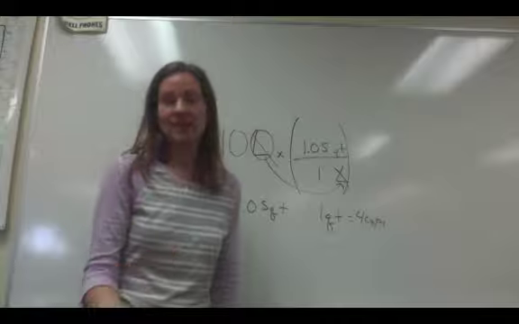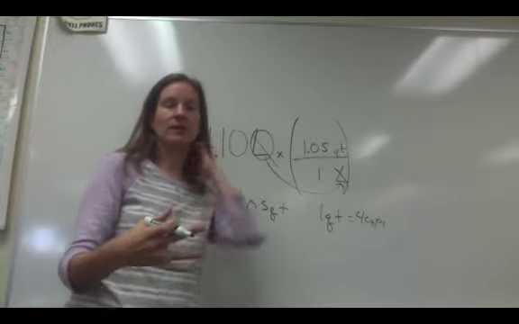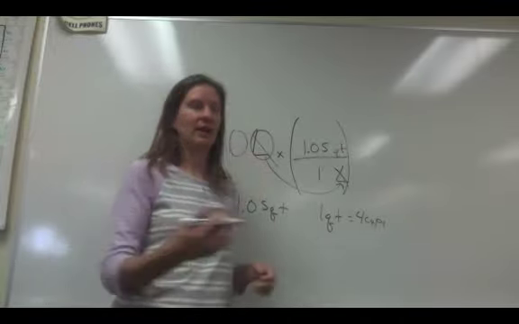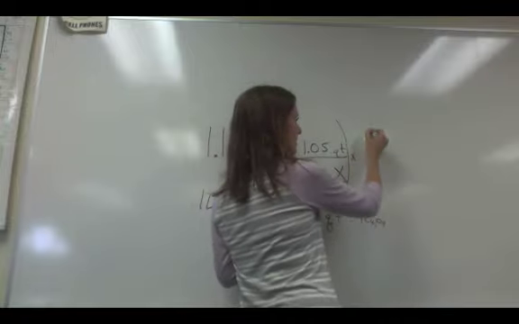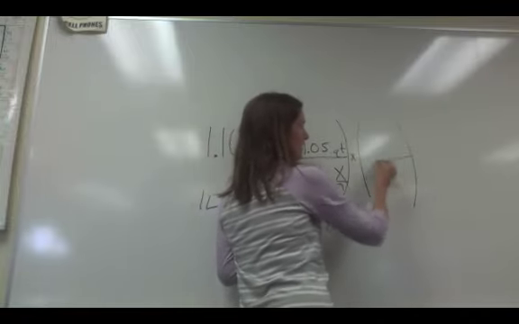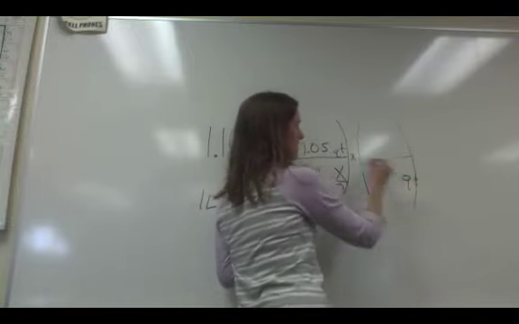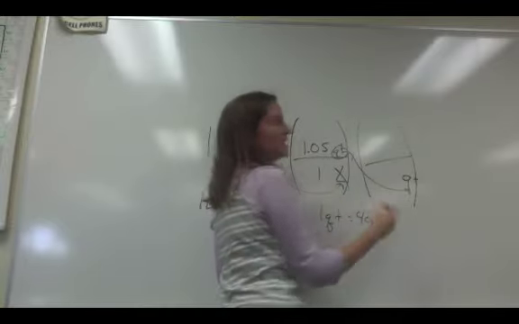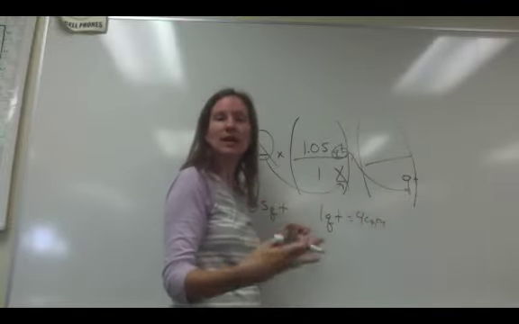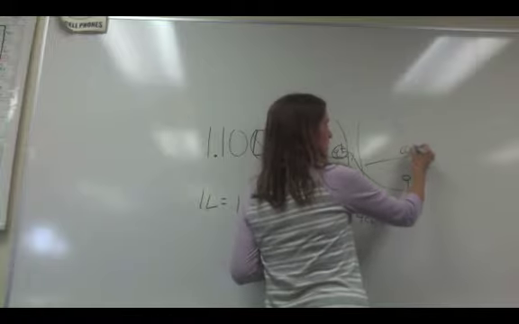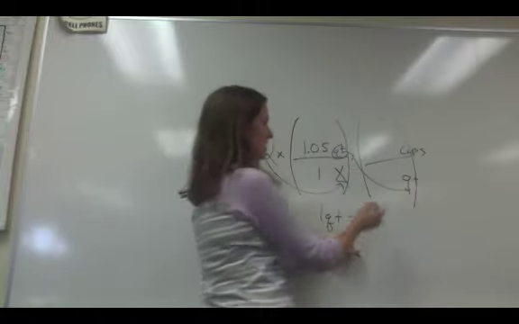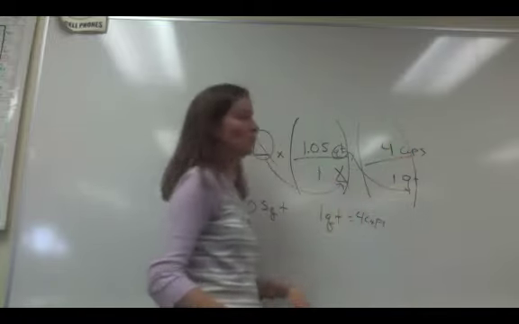I'm not done, because that's not the unit of measurement I wanted for my final answer. All you need to do then is use more than one conversion factor. Okay? Quart comes down, because that is now the unit of measurement you are in, and you will make it into cups, with the relationship of for every 4 cups, you have 1 quart.